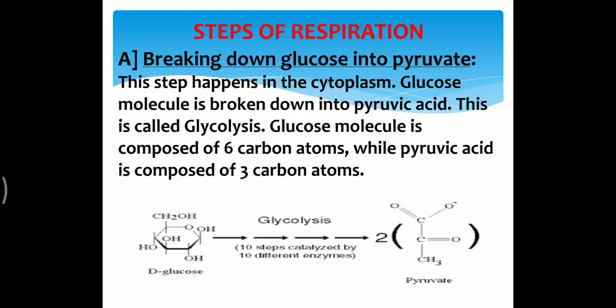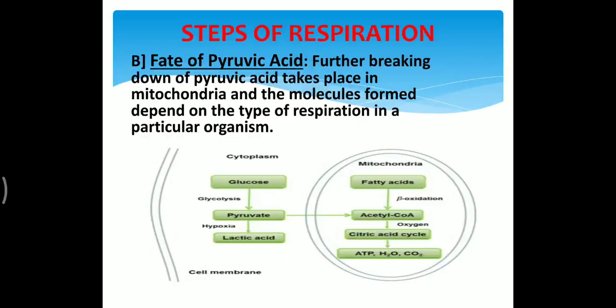See, here in glycolysis, we get 2 pyruvate. Now the second step is the fate of pyruvic acid. Further breaking down of pyruvic acid takes place in the mitochondria. Cytoplasm is over. Now it enters the mitochondria. In the mitochondria, the molecules depend on the type of respiration in a particular organism. Is it aerobic or anaerobic? That I will tell you later. Depending on that, the further action takes place.